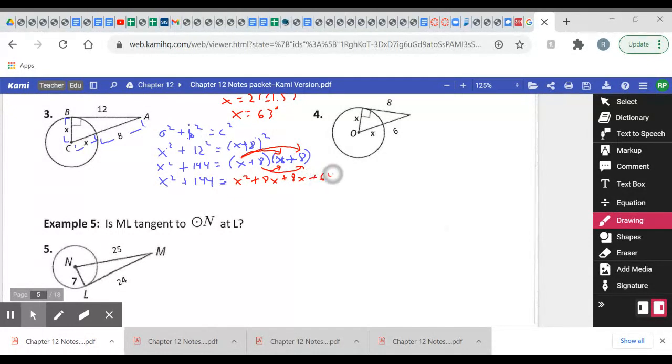So don't forget, when you FOIL or multiply two binomials, you end up with 4 terms, but generally these 2 terms in the middle are going to end up being the same, and you can combine those together. So then we've got x squared plus 144 equals x squared plus 8x plus 64.